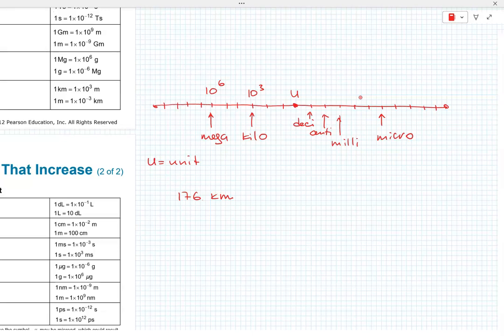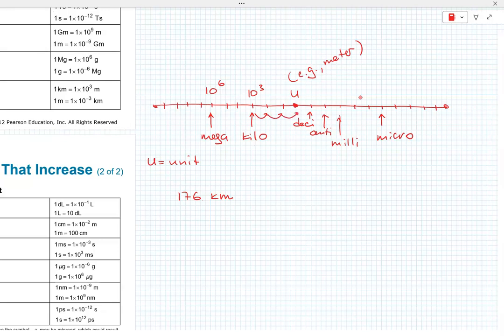Now I want to go from kilometers to meters. So meter is the unit, right? Do you follow? This is your kilo, this is your unit. How many steps do you need to take, and in which direction, to get from kilo to units?